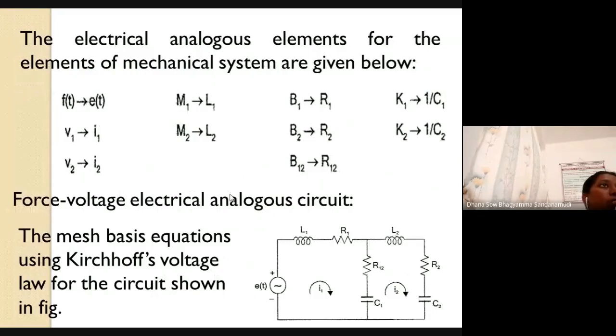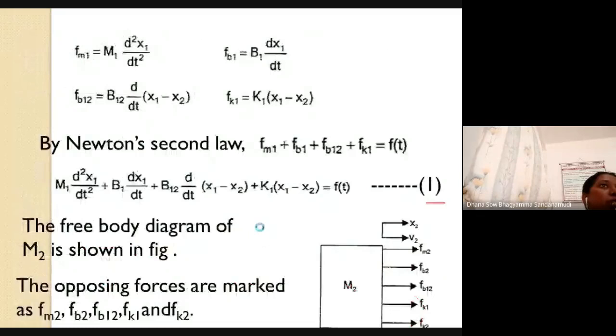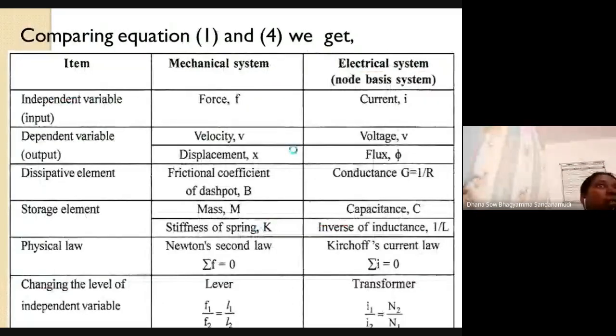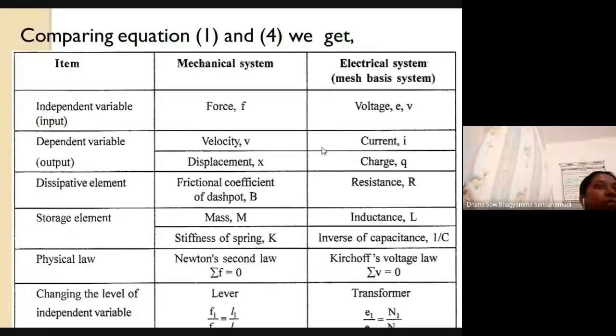Now from these tables, table number 1 and 2, we are solving for a mesh, or force voltage analogous circuit. From this table, if you remember, F can be replaced by voltage. F is analogous to V. Velocity is analogous to current. X is analogous to charge.